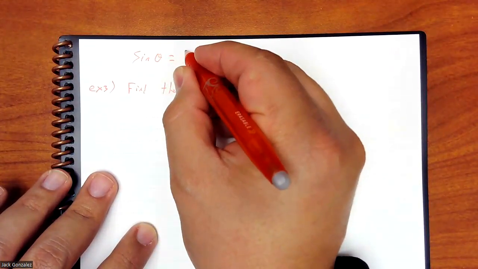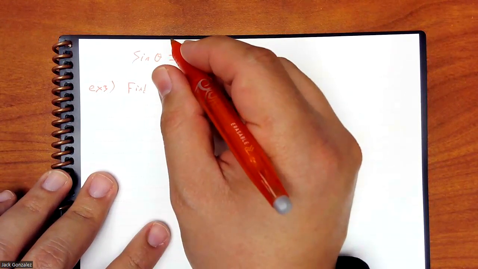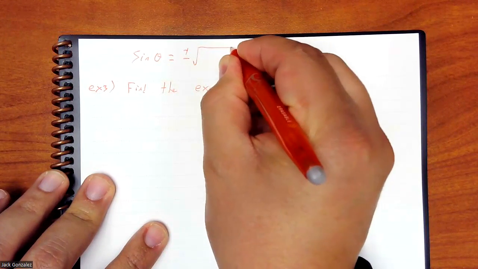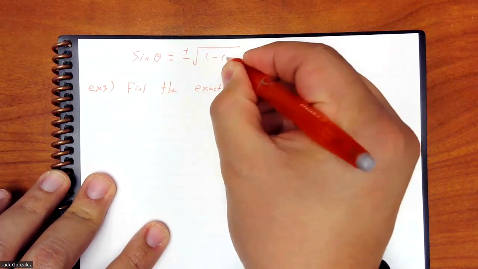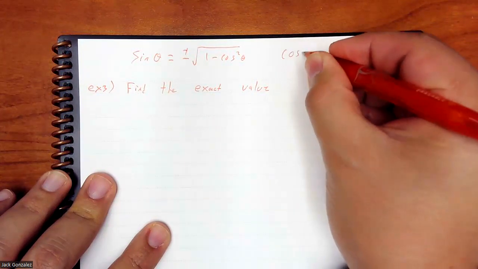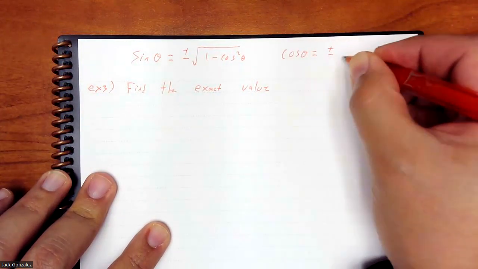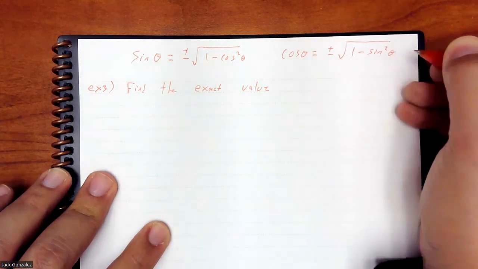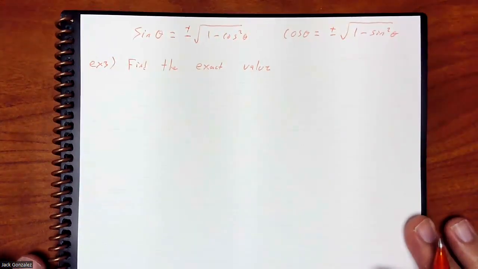We know that sine theta, if you solve for it in the Pythagorean identities, is equal to plus or minus the square root of 1 minus cosine squared, which means that cosine theta is equal to plus or minus the square root of 1 minus sine squared. So we're going to need these in a moment.